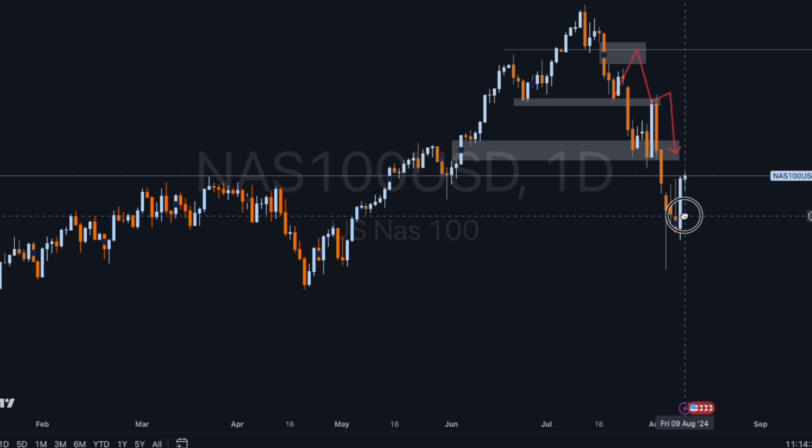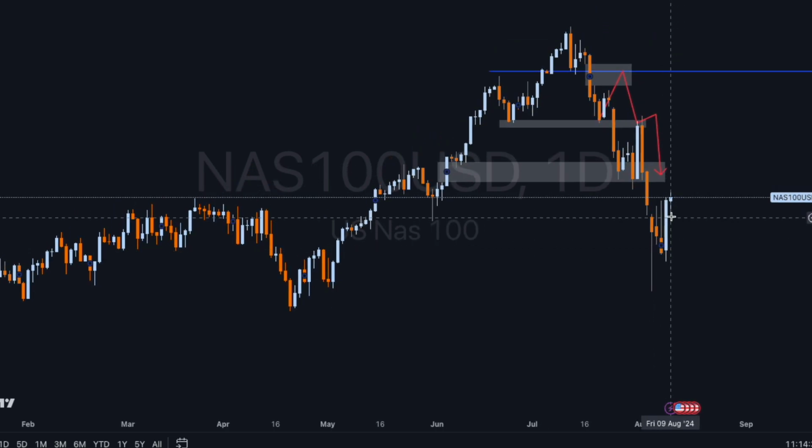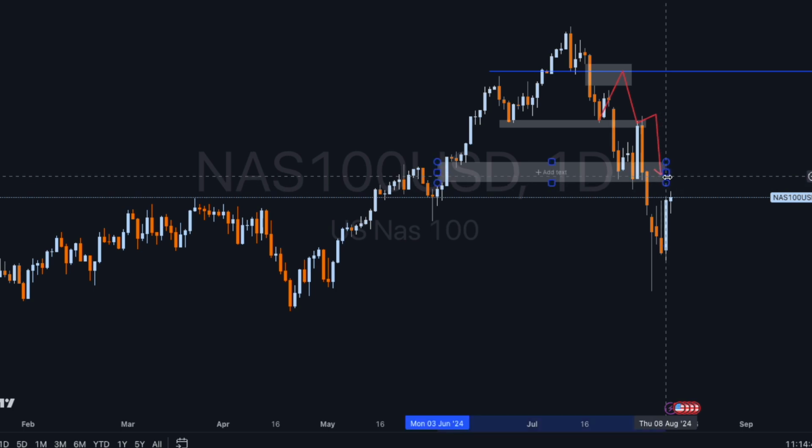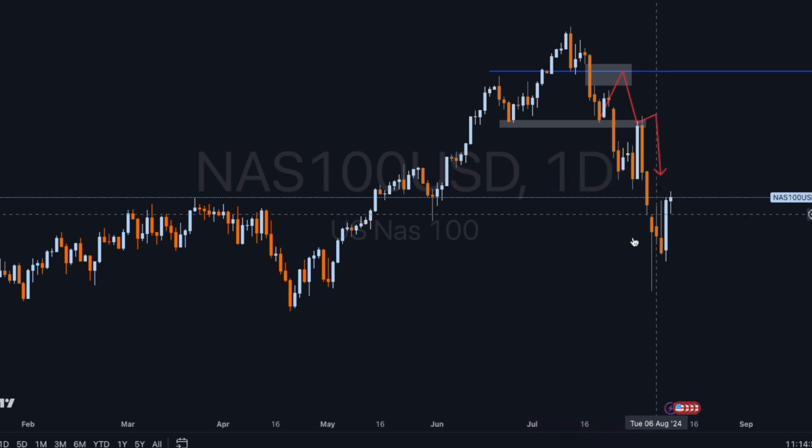This parabolic push to the upside cannot be ignored, and it gives me the concept that there is a possibility it could push up, but it might not push up, just because of this.